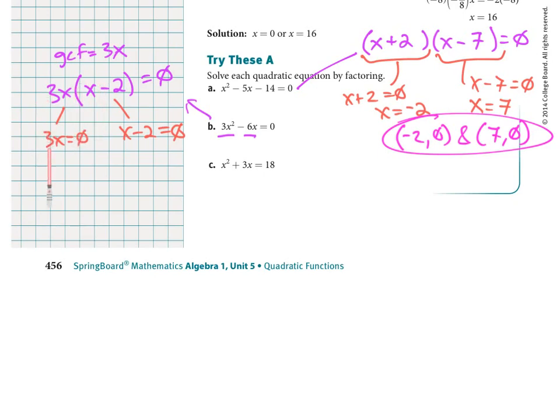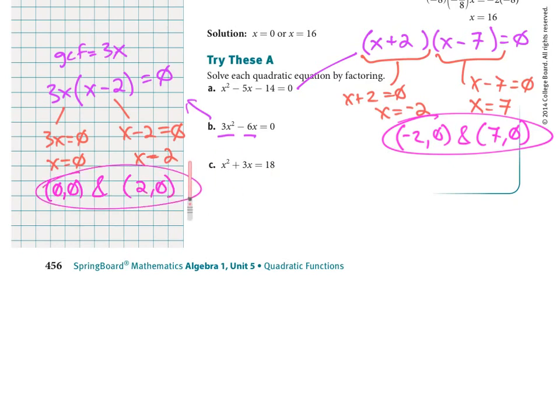We have 3x here. We're going to separate and solve. We get 0 for that one. Divide by 3. On this one over here, we're going to add 2, and we'll get the opposite number. So x equals positive 2. So there's our roots. We have a root at 0, 0, and at 2, 0.